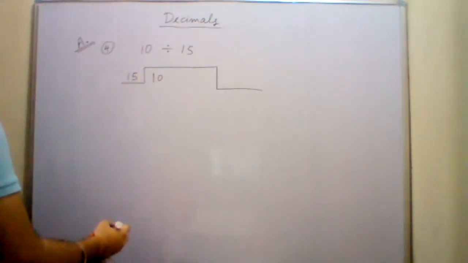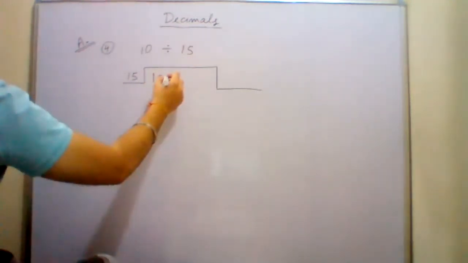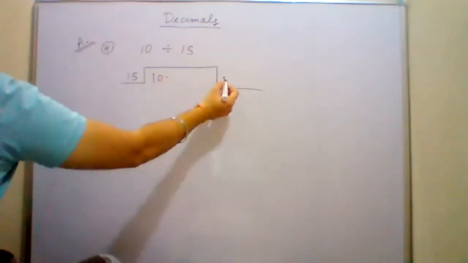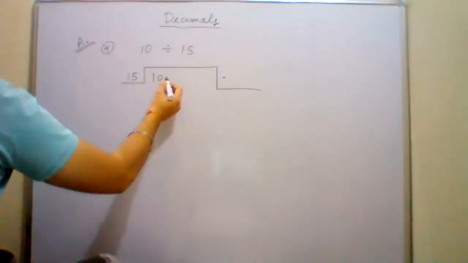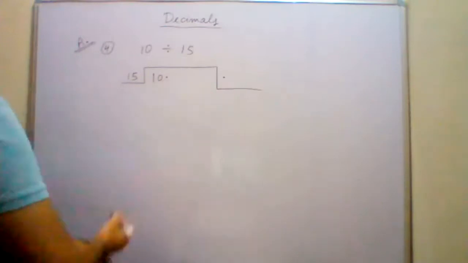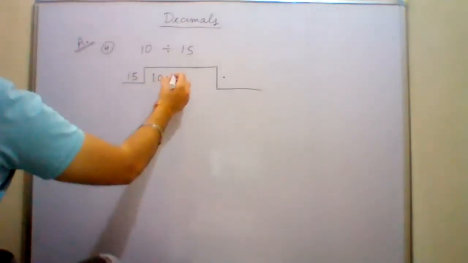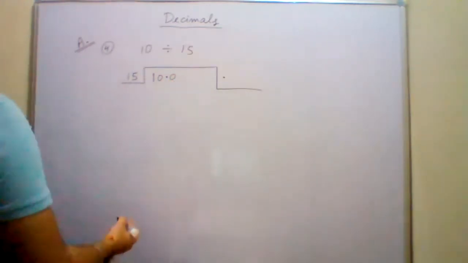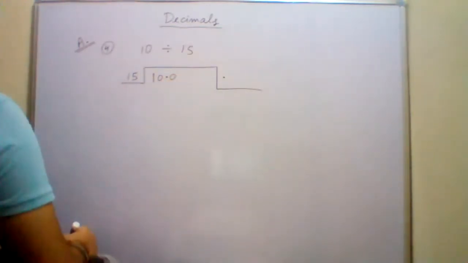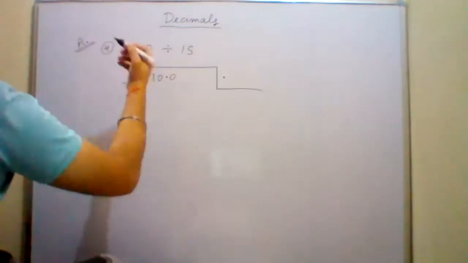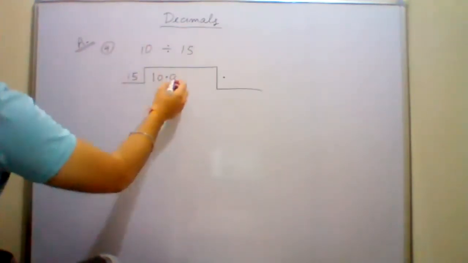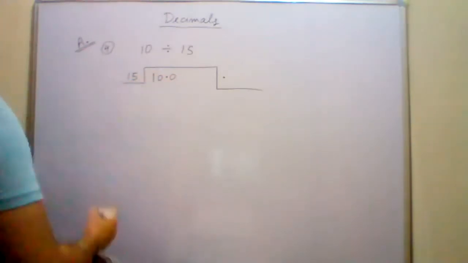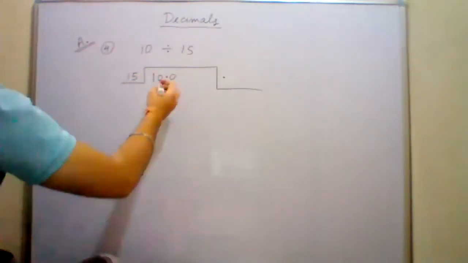So what you will do in this case, you will write a decimal and add a 0. Write a decimal in quotient as well as in the dividend. Decimals on both the sides. Now you can add a 0 here. When you add a 0 after decimal, it has no value. Now you can forget about the decimal. Think of this number as 100. Now 100 is greater than 15. So now you can divide.